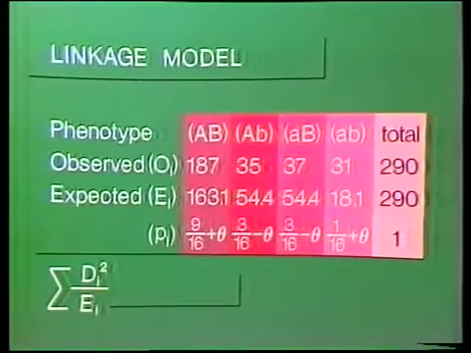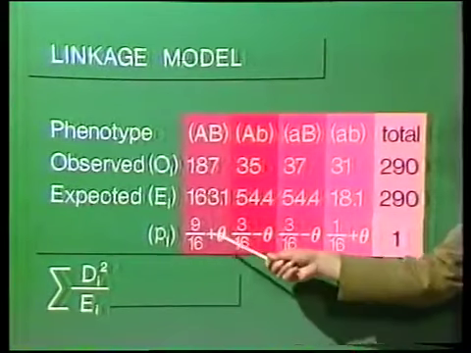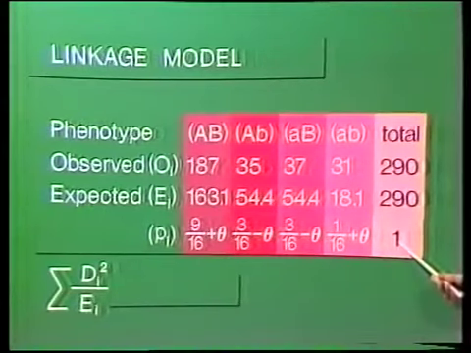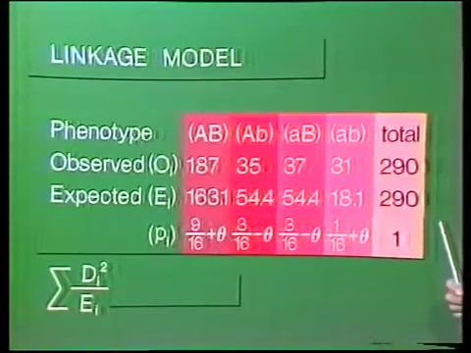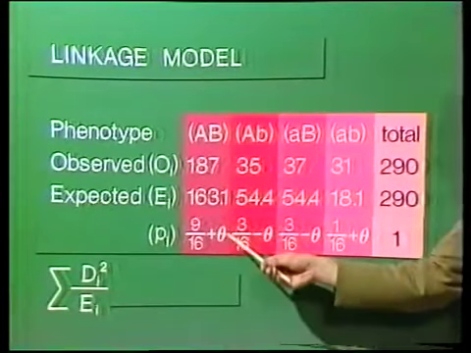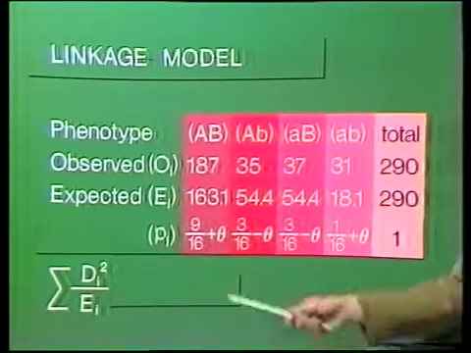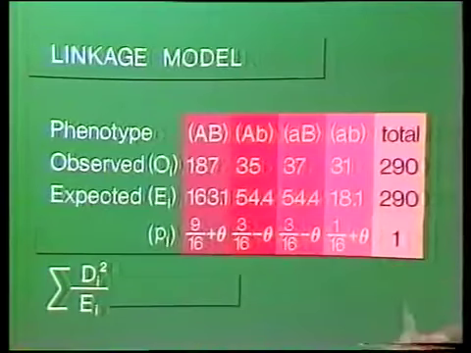Here's the standard theoretical model for this situation. These are our revised probabilities for the occurrence of each of the four types. The probabilities do add to 1, but they incorporate a parameter theta. Of course, when theta's 0, we get the proportions that we tried before, 9/16, 3/16, 3/16, and 1/16.